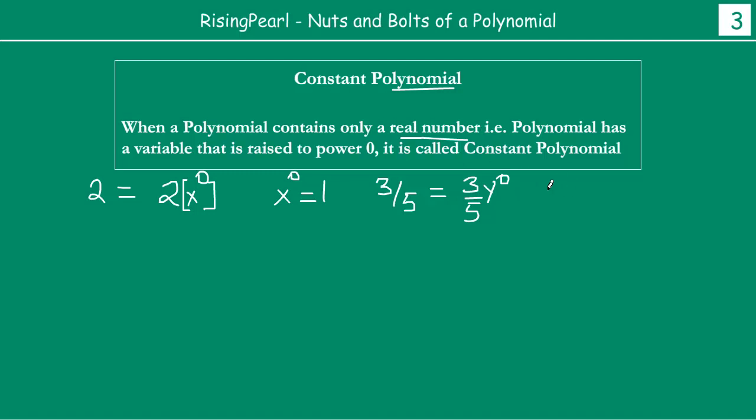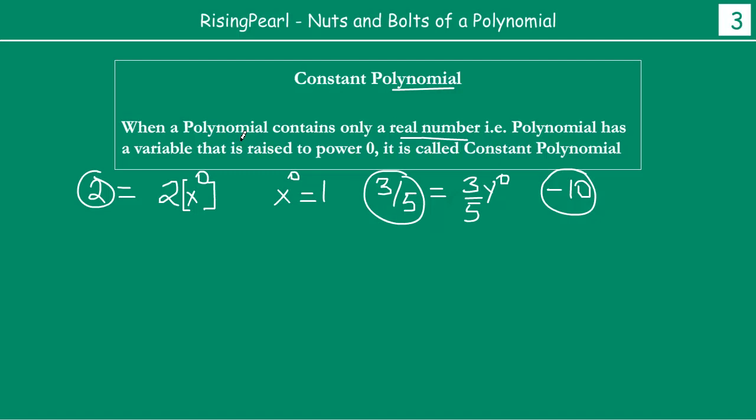If you have any real number, say let's say minus 10, you can again think कि there is some imaginary variable which is raised to the power 0. इसके वजह से, जब कभी आपको कोई भी real number दी जाती है, we call them constant polynomials. So this is the definition of a constant polynomial.